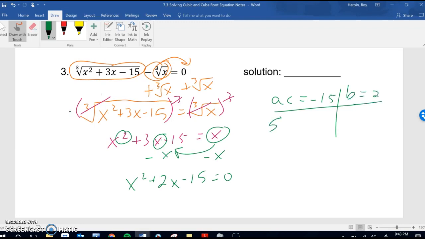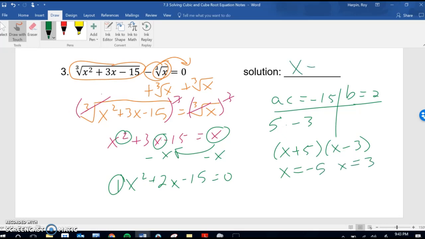So I have 5 and negative 3. So (x plus 5)(x minus 3), divide by a, but my a value is just 1, so it's just those two. So my solutions when I set these to 0 are x equals negative 5 and x equals 3. I have two solutions here and I do not need to check them. Isn't that a beauty? And that's pretty much it, guys.